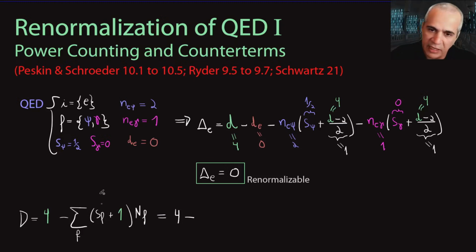minus, in the case of the fermionic field, this is half. So we have 3 halves here, because of this plus 1, over the number of external electrons, let's call it like that. It's easier to remember than n psi. And in the case of the photons, this is 0, so it's just minus 1, times the number of photons, which I'll indicate like that.